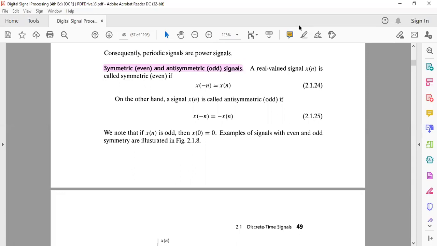I want to give a typical example. When you have, for example, this as your n equal to 0. If you have a signal that is something like this, or this is not exactly what I wanted to put.